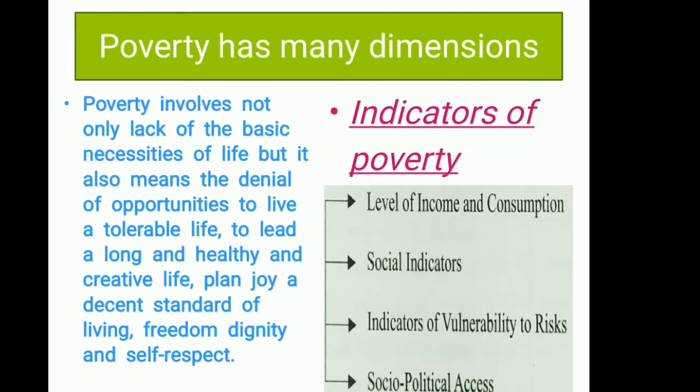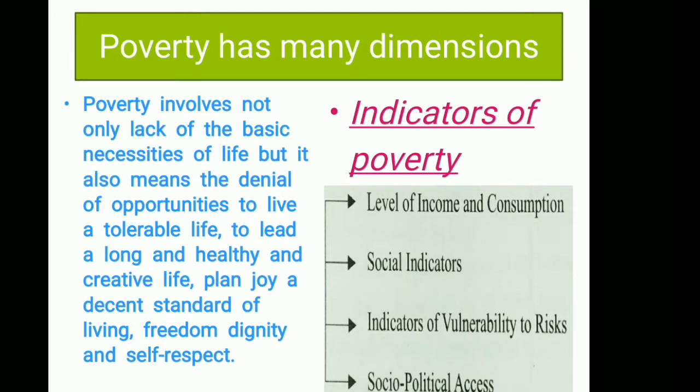Social indicators mean how their image is socially and how much equality they are getting socially. Indicators of vulnerability to risk mean how much they are able to come out of the situation. Are they able to, or are they still struggling in that condition?